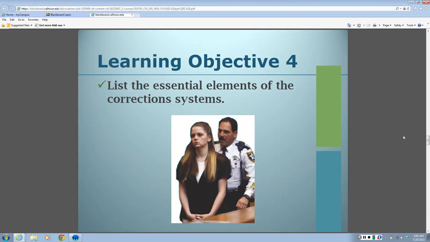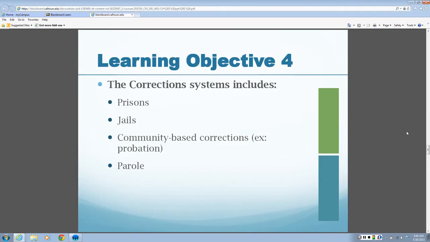Okay. List the essential elements of corrections. Prisons, jails, community corrections, and parole. Jails are reserved basically for people who have been arrested but not yet been to trial, and those people who are convicted of misdemeanor offenses.